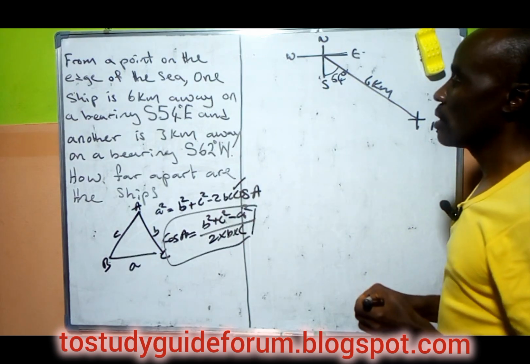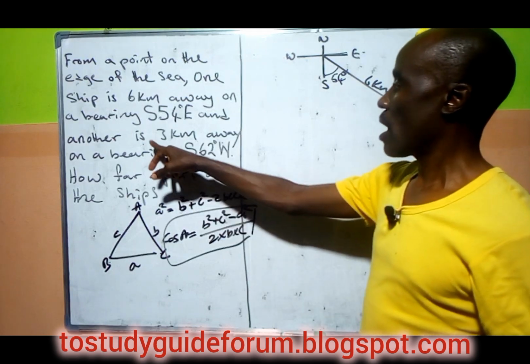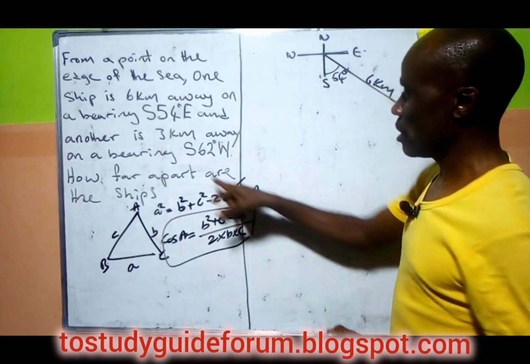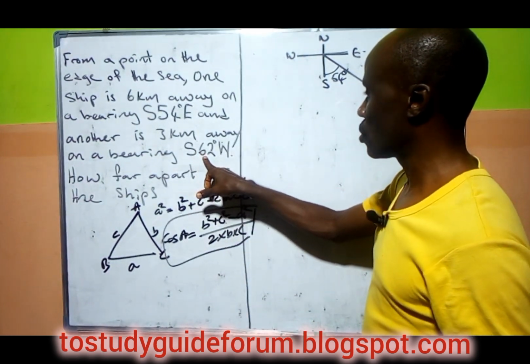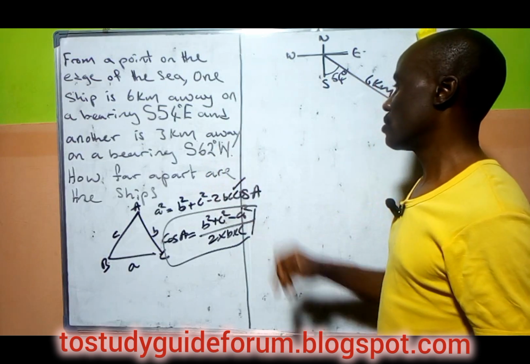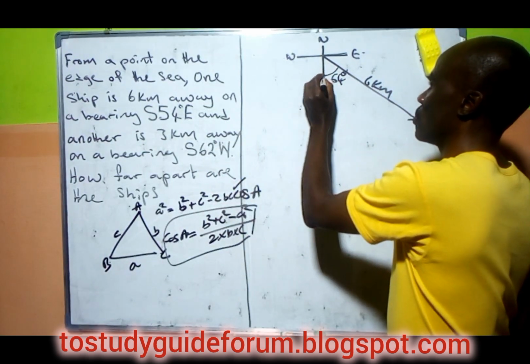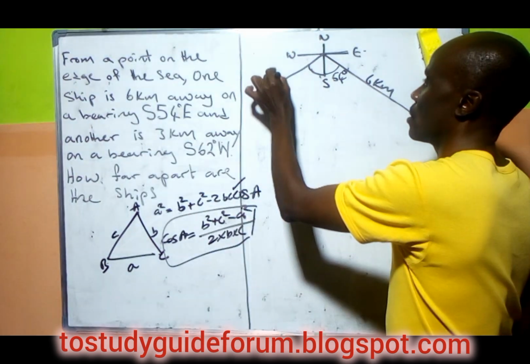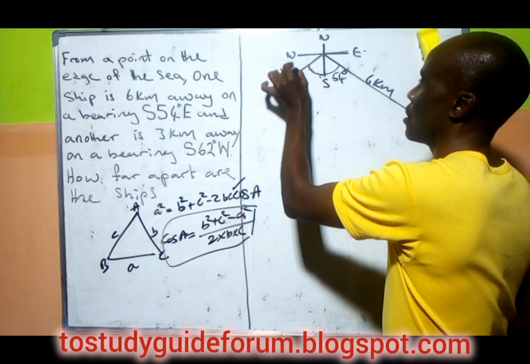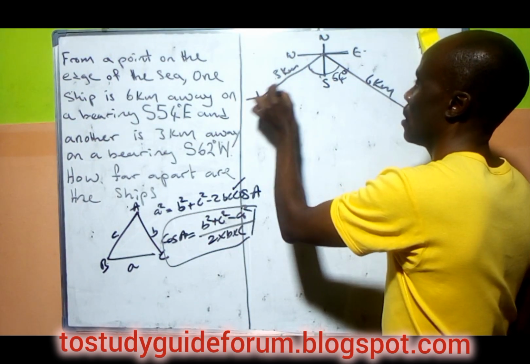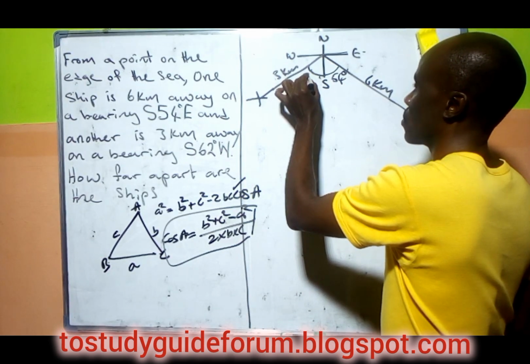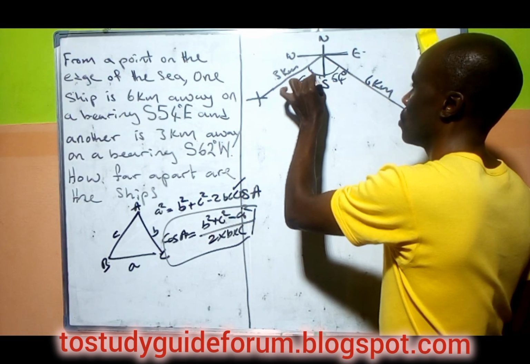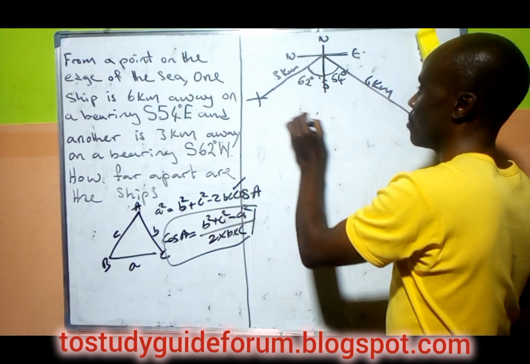That is the first ship. Now the second one is on the bearing of south 62 degree west. That means it's going this way. This one is 3 kilometer, and then here is 62 degree.